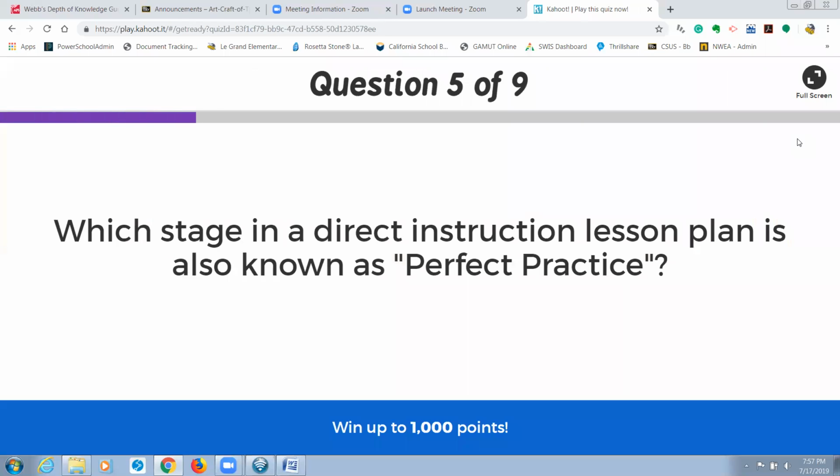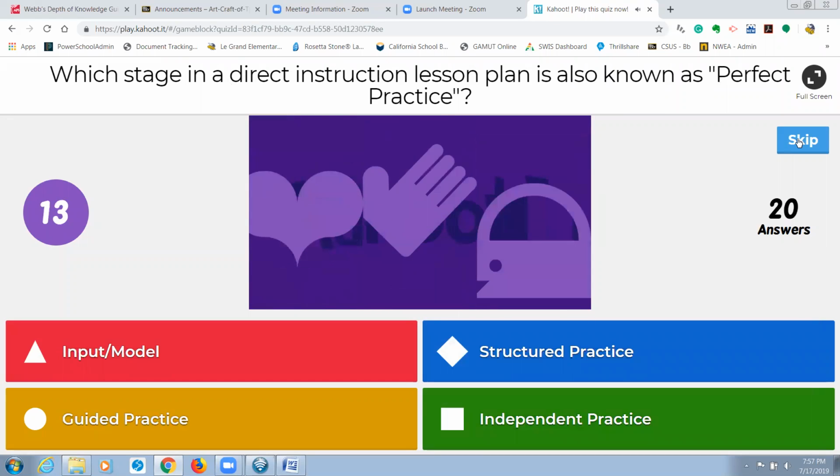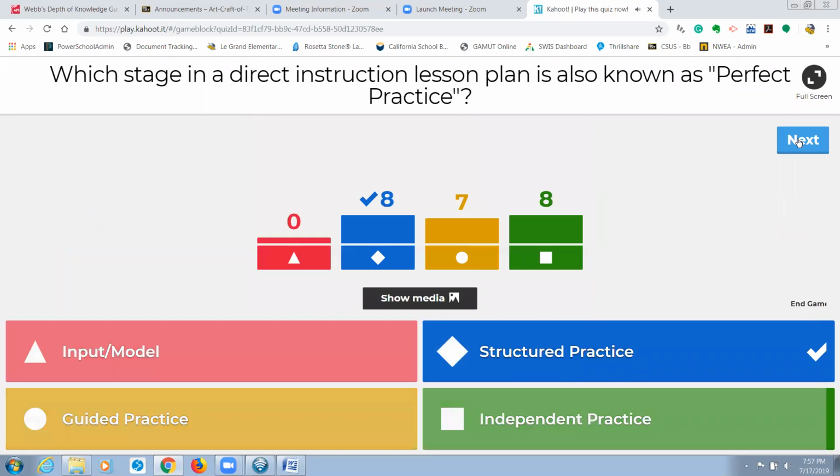What stage in direct instruction lesson plan is known as perfect practice? Ooh, structured practice is perfect practice, lockstep practice.